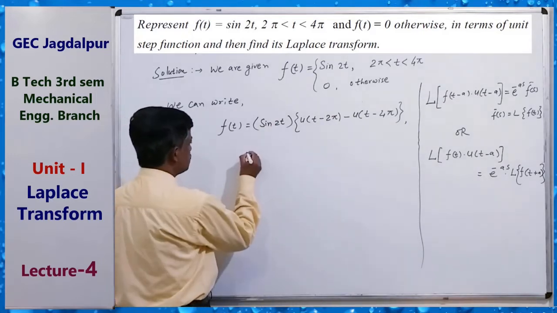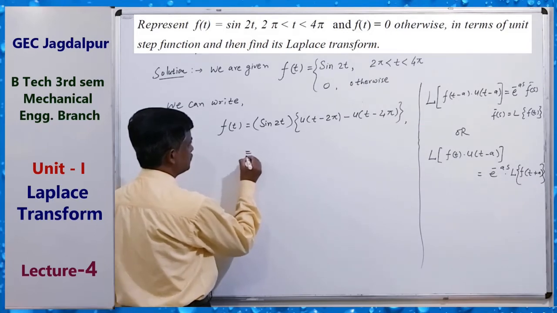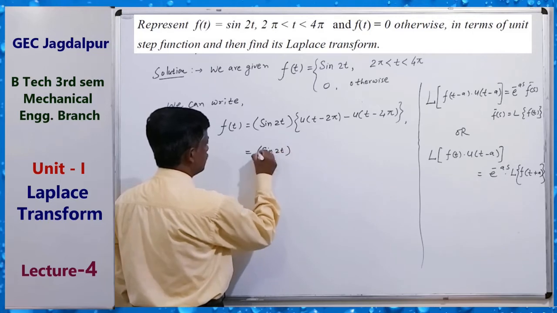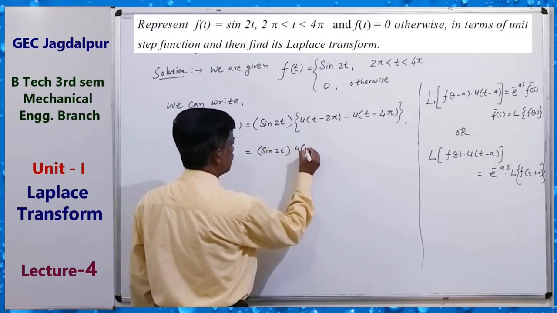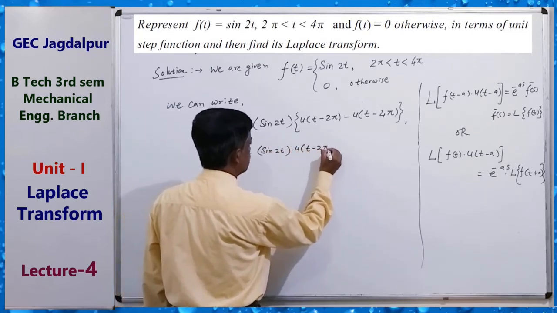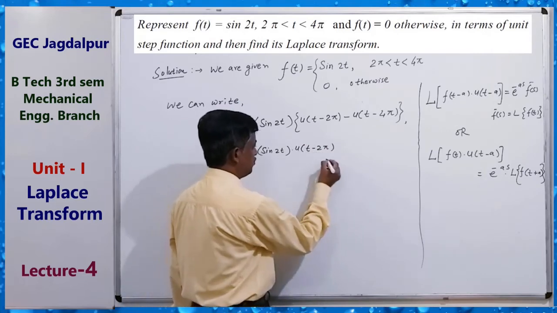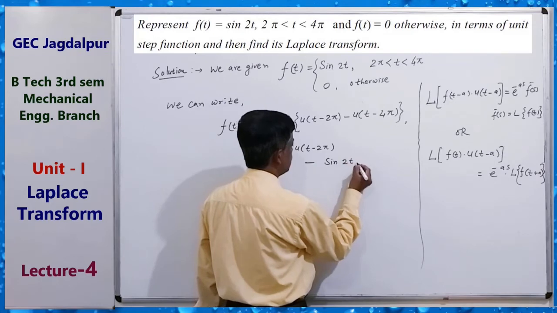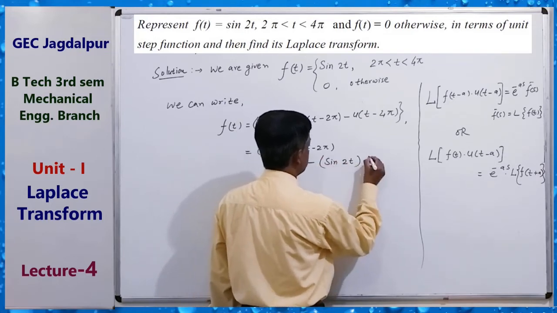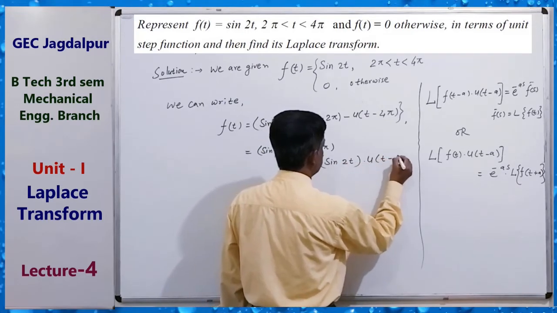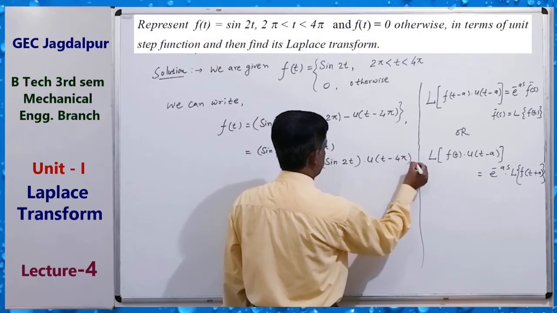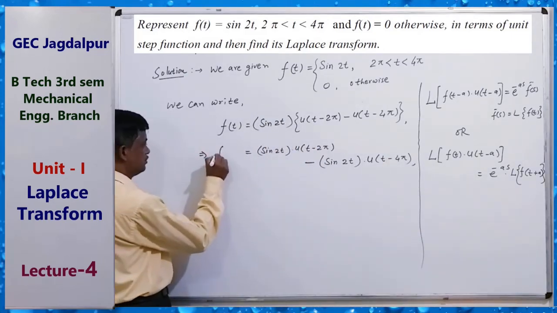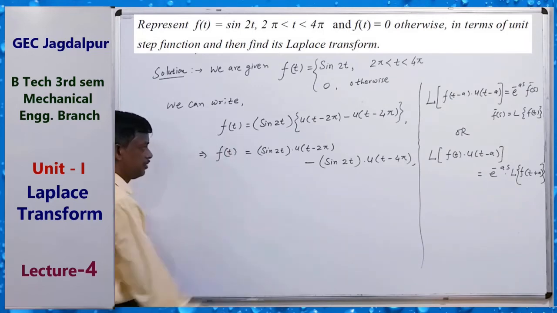So this is equal to sin 2t into unit function (t minus 2 pi), first part, minus sin 2t into unit function (t minus 4 pi), that is f(t). Okay.